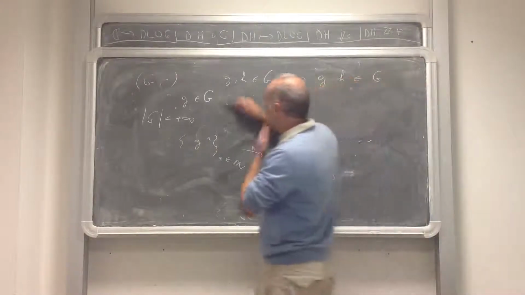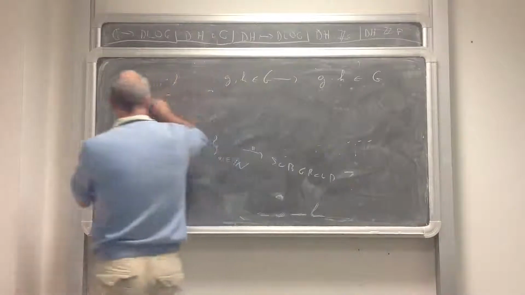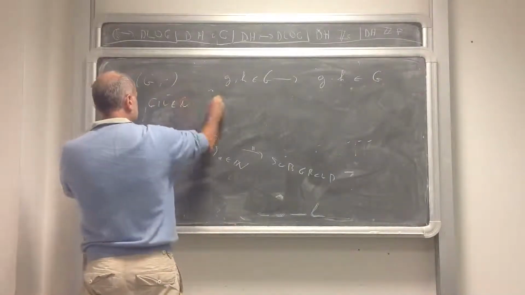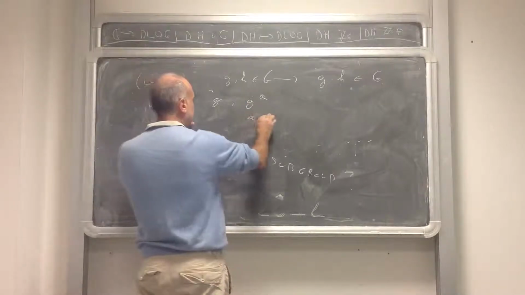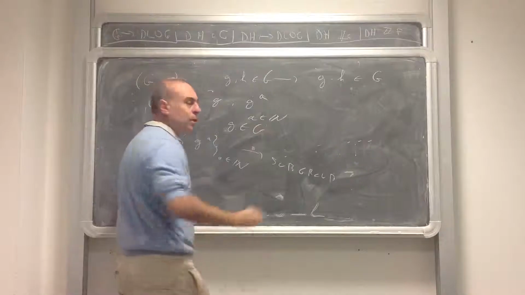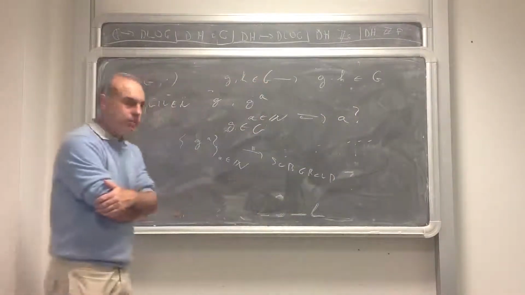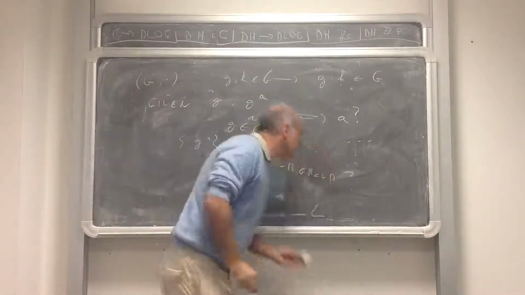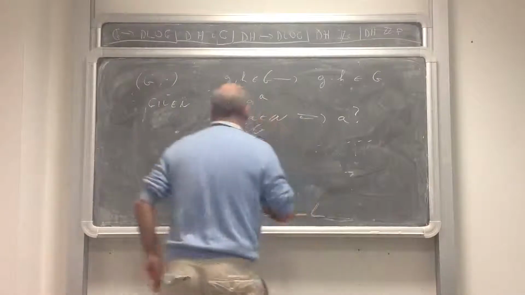Now the problem that we can have is the following. Given G, G to the A, where A is a number, G in a group, can we find A? This problem is called the discrete logarithm problem, or D-log.